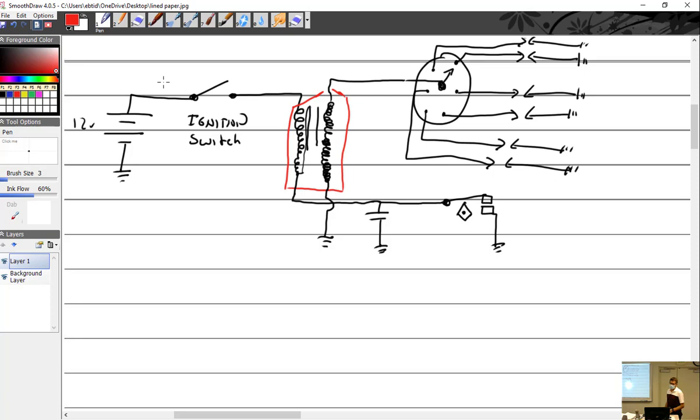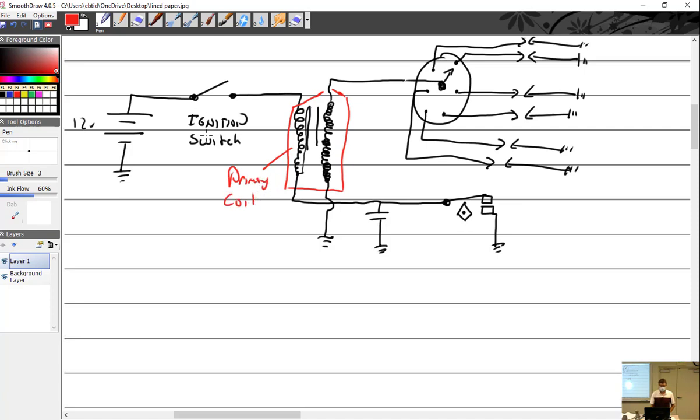So your Volkswagens, your old Vegas and Pintos and old boats and tractors. You might find it on some home builts, because home builts use weird engines sometimes. But anyway, it's a good place to start. So we have a battery that is going to supply 12 volts to the primary coil. So that's the primary coil right there.